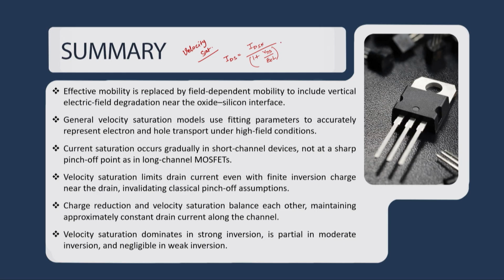So, we replace this approach with Idsn divided by 1 plus square root of 1 plus 2 into Vds divided by Ec into L.